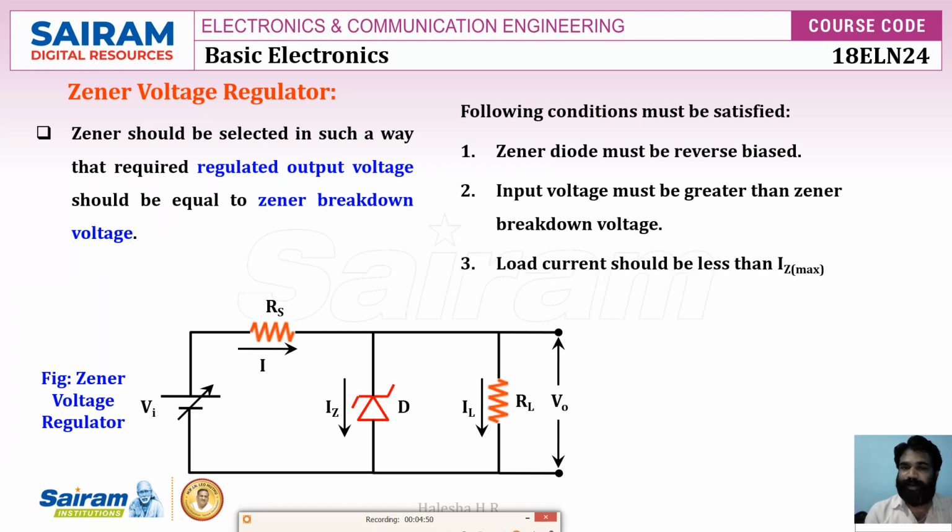Third condition, the load current IL should be less than the maximum current through the Zener IZ. Here this is the current I, and that current splits: some current flows to IZ and some other current flows to IL.